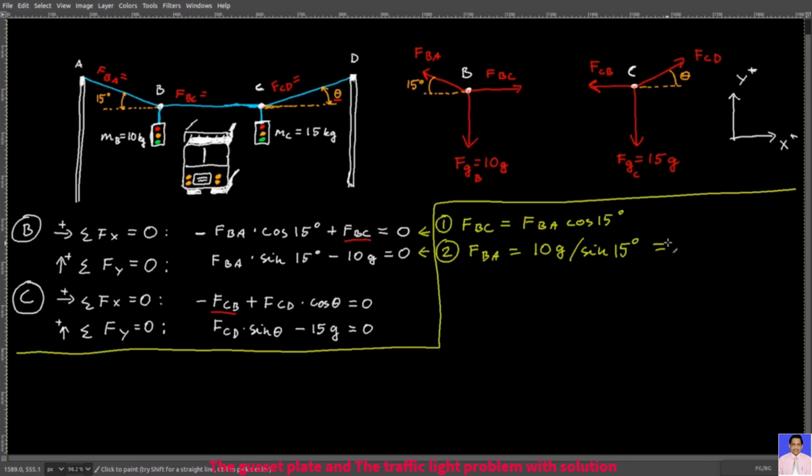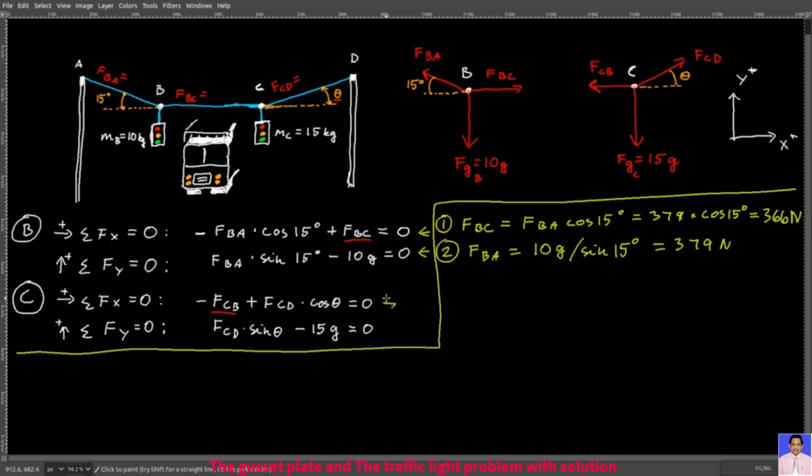And right away you know that FBA is 379 newtons. That means that in here you can say that FBA is 379 newtons times cosine 15 degrees, and that means that FBC equals 366 newtons.